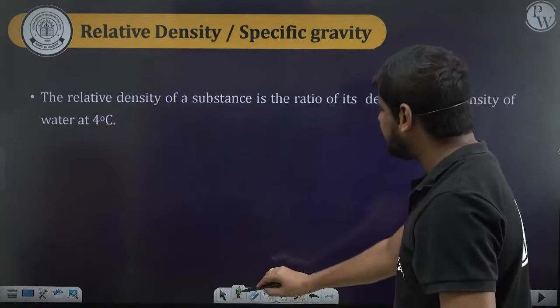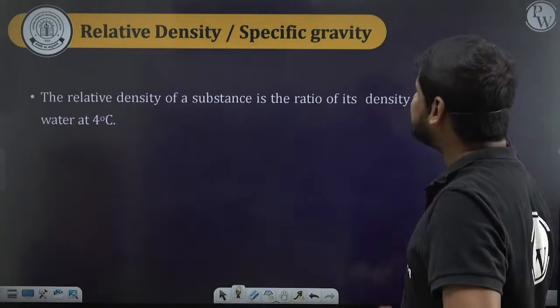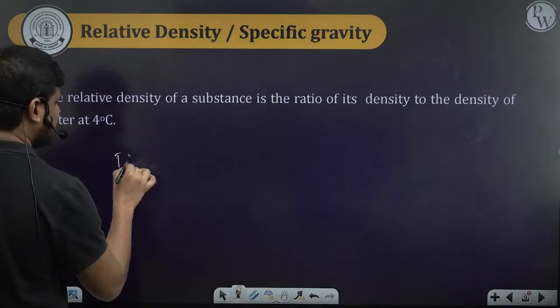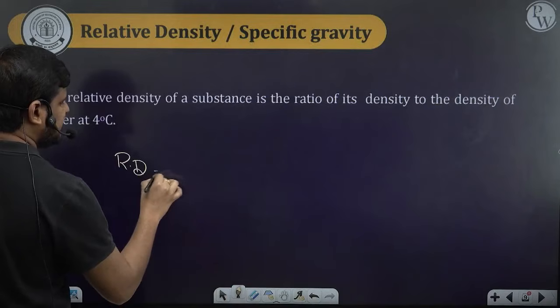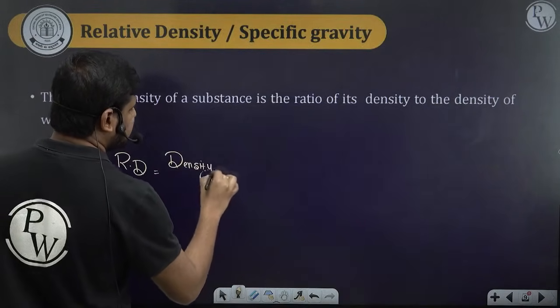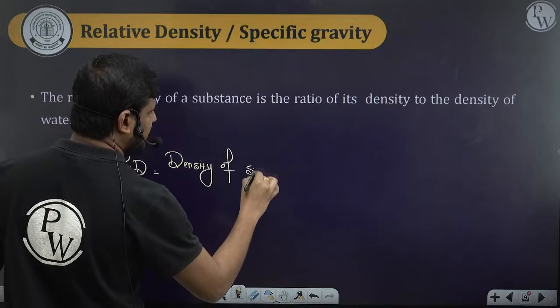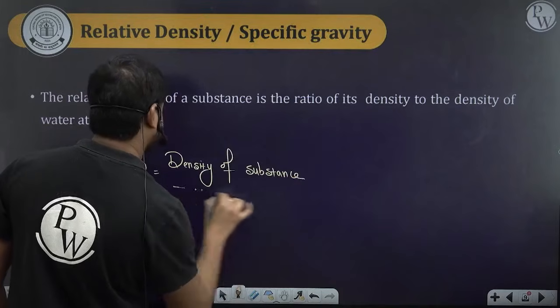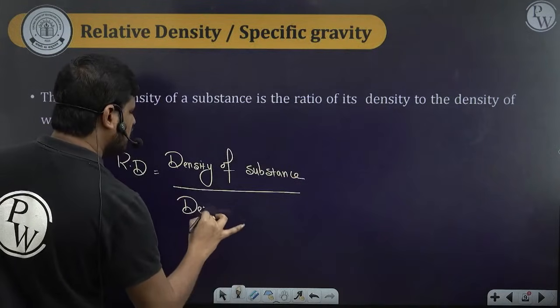Now let's go for what is the relative density or specific gravity. The relative density, RD, is nothing but the density of a substance divided by the density of water at 4 degrees centigrade.